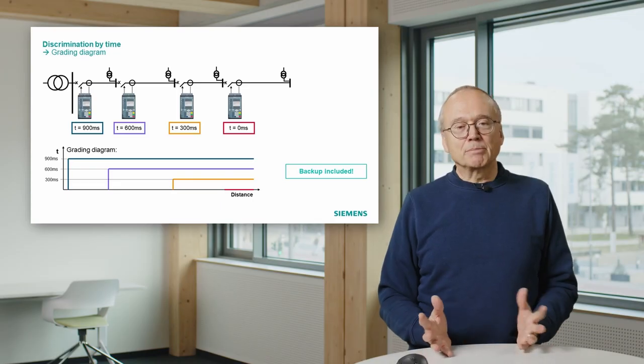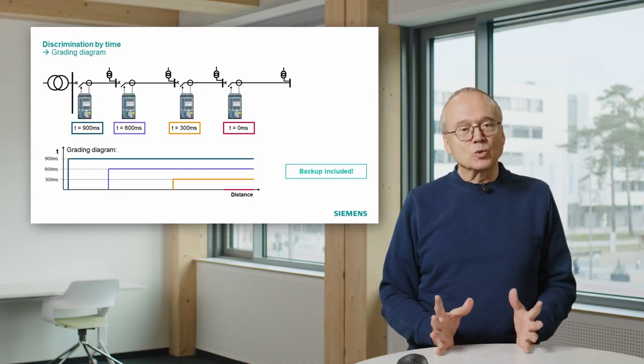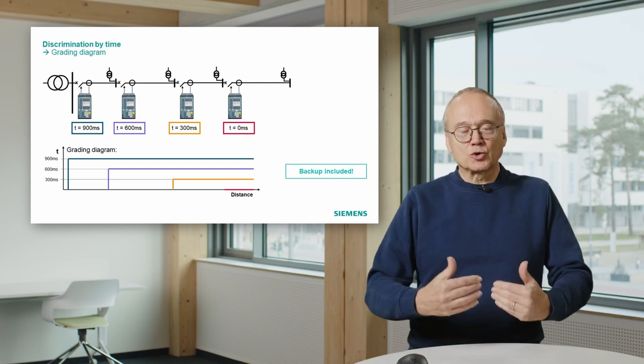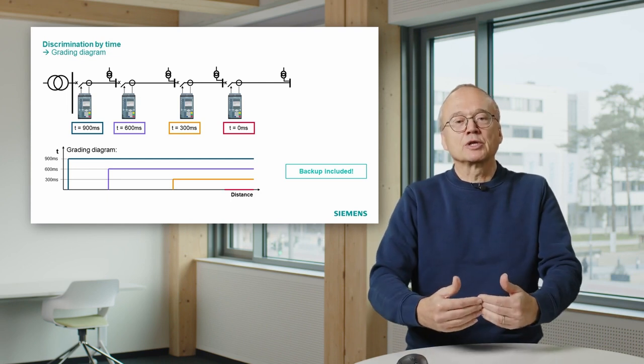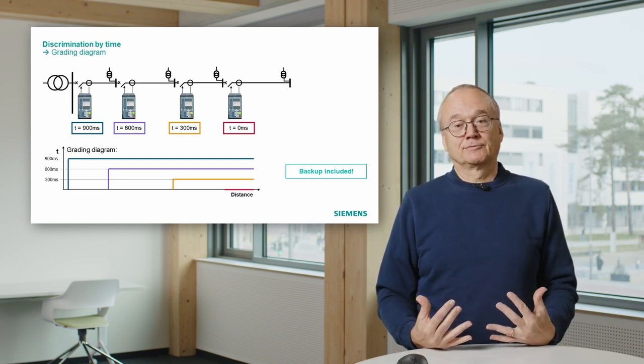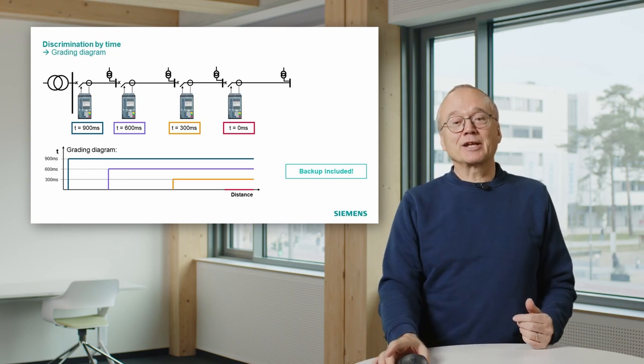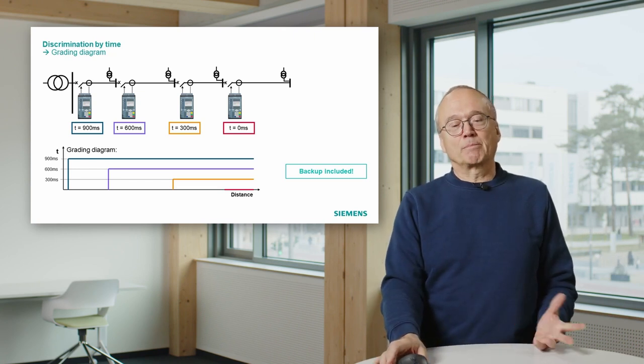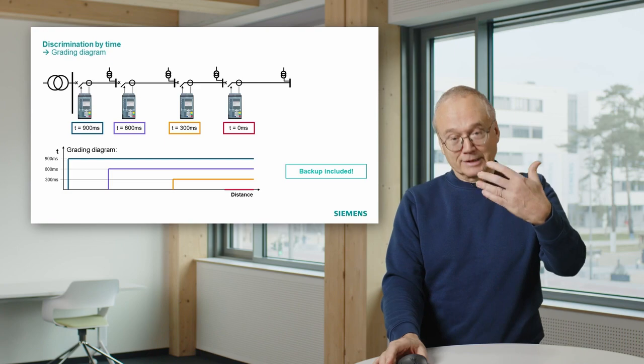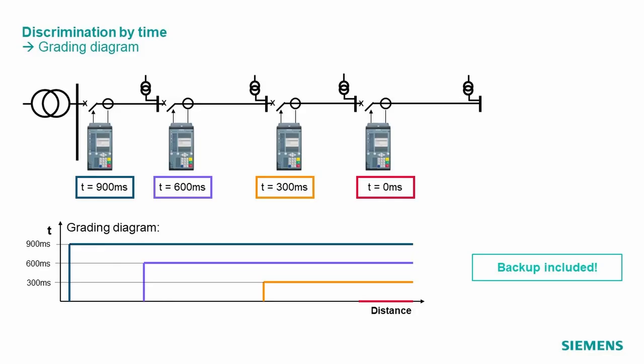It will be a little bit reduced selectivity there, because we trip a bit more than we should, but we have a backup. And in this case you can even say we have a backup for the backup and even another backup for that. That means here we are pretty safe that somebody will clear the fault.